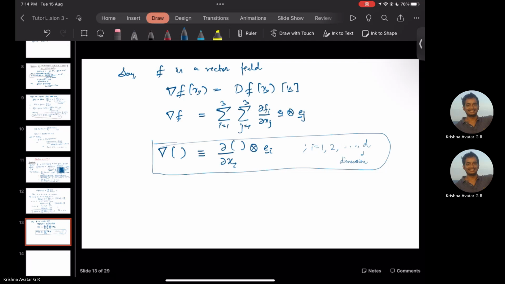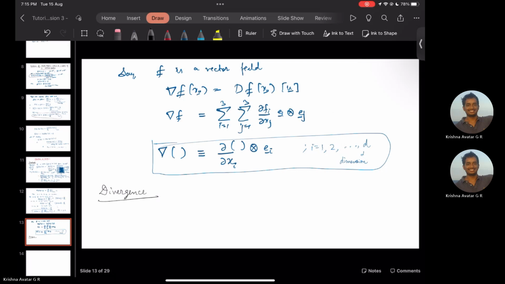Now the beautiful thing here is that using the grad operation, we can define something known as a divergence. How do you define divergence?